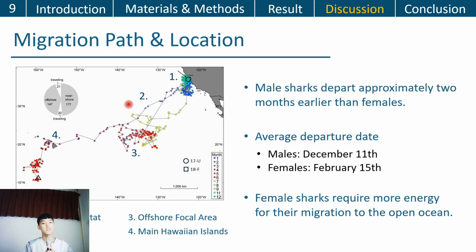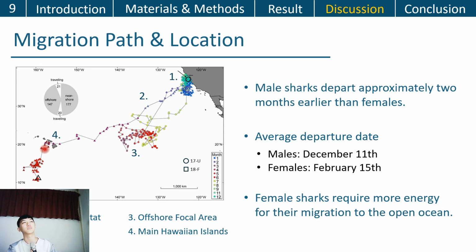Okay, and this is the discussion. This map shows the shark migration path and where they go. And I will discuss 4 locations. First is nearshore habitat, and then traveling west, offshore focal area, and main Hawaiian Islands.